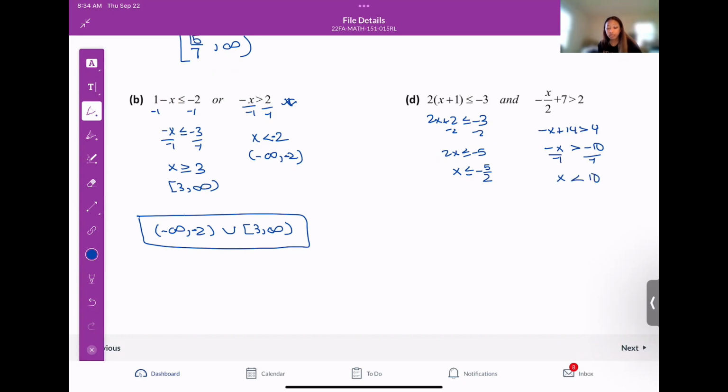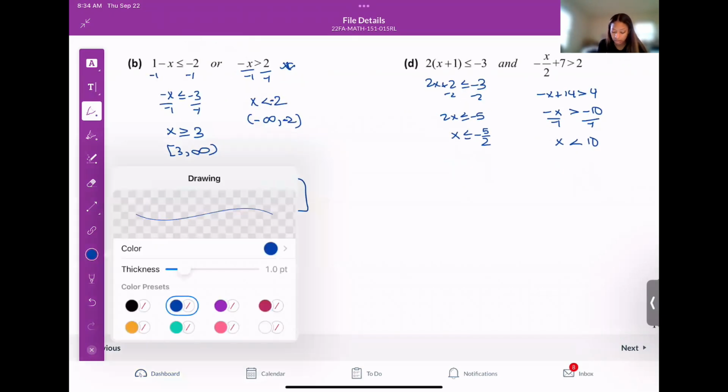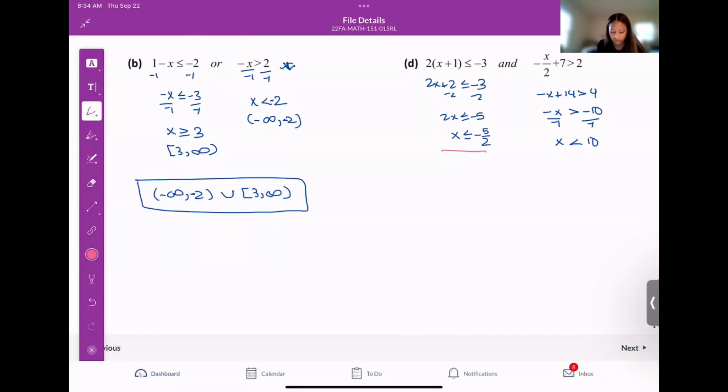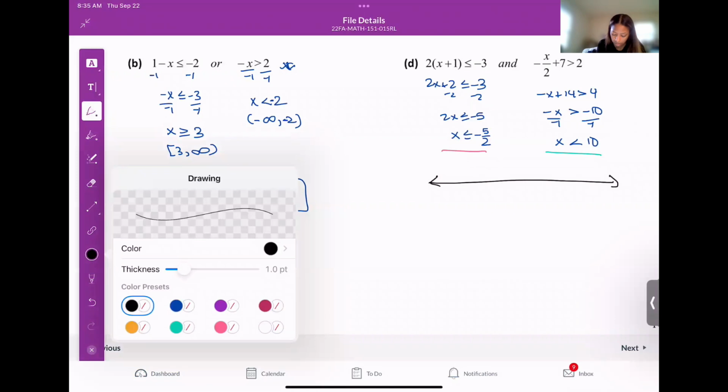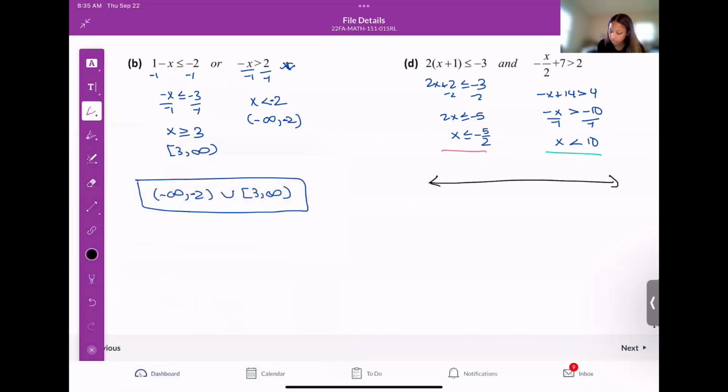For this one, I think it'll help us to draw the number lines so that we can see exactly what's going on here. I'll do some color coding. If we have our number lines, it doesn't have to be exactly drawn to scale, but -5/2 is going to be to the left of 10.